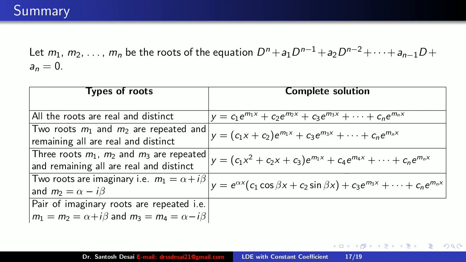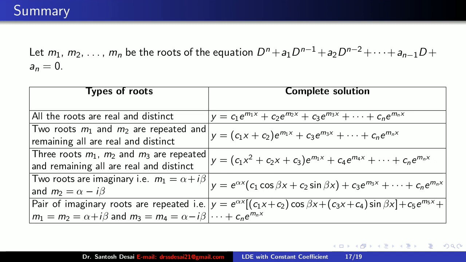In this case, the complete solution is obtained as y = e^(alpha x) [(c1x + c2) cos beta x + (c3x + c4) sin beta x] + c5 e^(m5x) + and so on + cn e^(mnx). So these are the four important rules to find out the complementary function of the given equation.